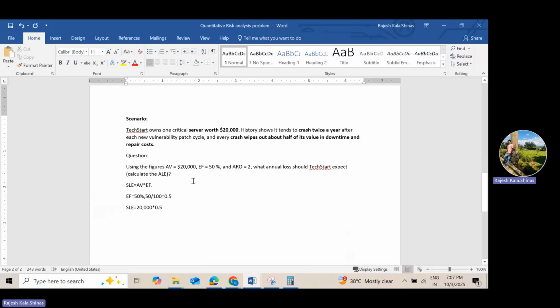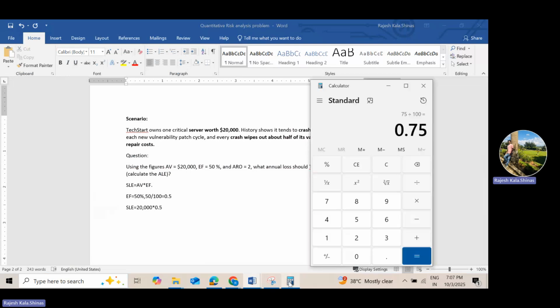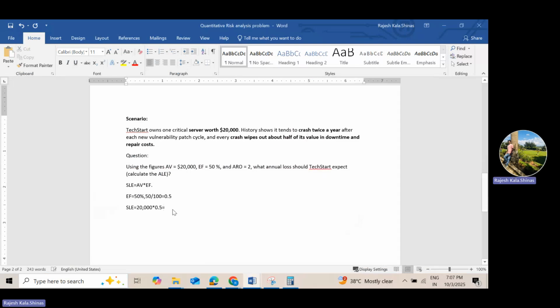Now you get what I'm telling: 50% is 50 by 100, that is 0.5. Now SLE equals $20,000 into 0.5. So 20,000 into 0.5 is 10,000. So SLE equals $10,000.